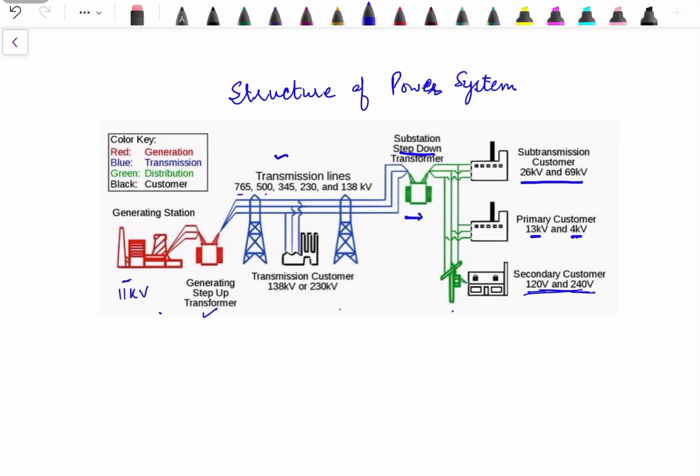So the transformer is used on both the generation side as well as on the distribution side. We can even see the use of transformers in chargers, whether a mobile charger or a laptop charger. In all these chargers we have small sized transformers. Now transformers can have small ratings and high ratings.